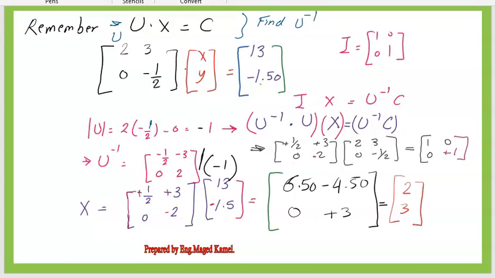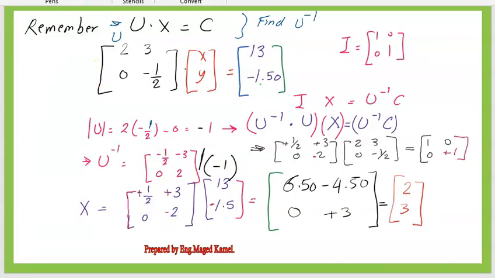Again, we use the inverse of this matrix 2, 3, 0, minus 1 over 2. We make a swap in position between minus 1 over 2 and 2 and change the sign of plus 3 to be minus 3 to get the inverse matrix of U. The determinant value will be equal to minus 1. The inverse is 1 over 2, 3, 0, minus 2.